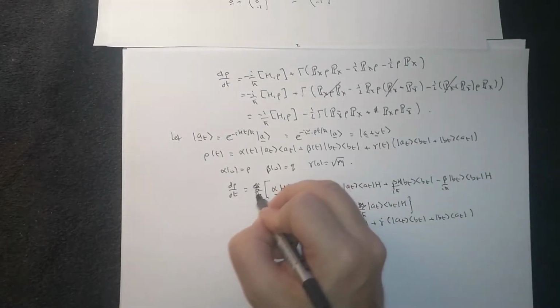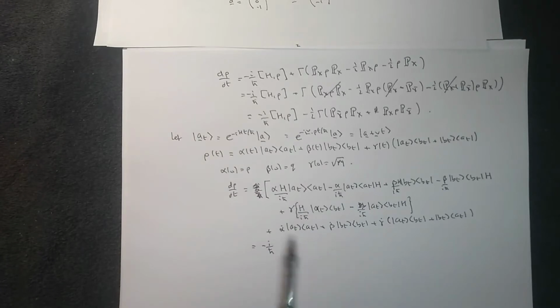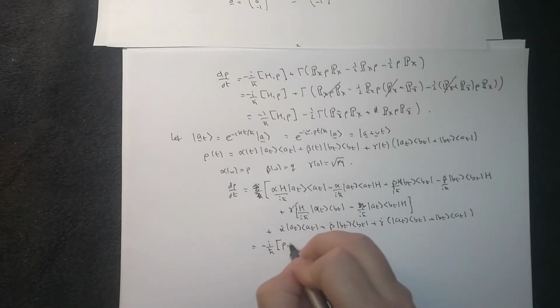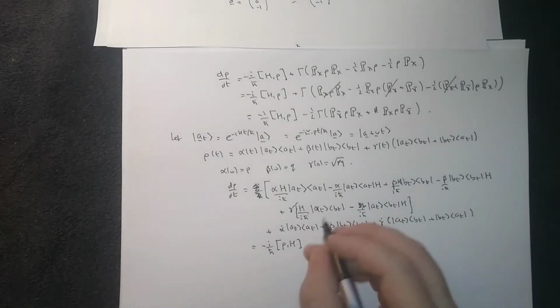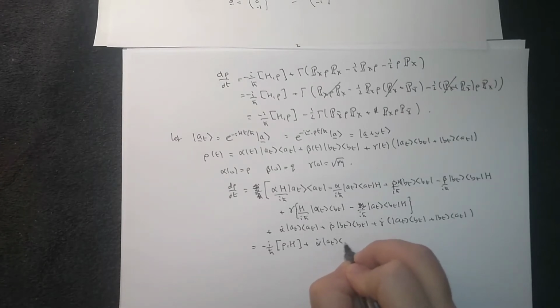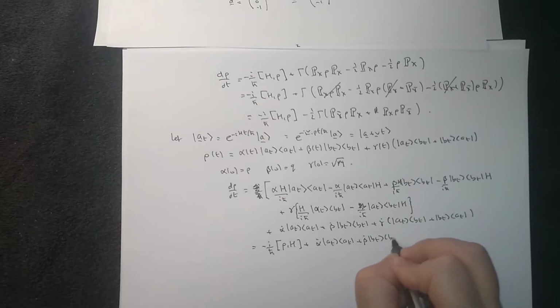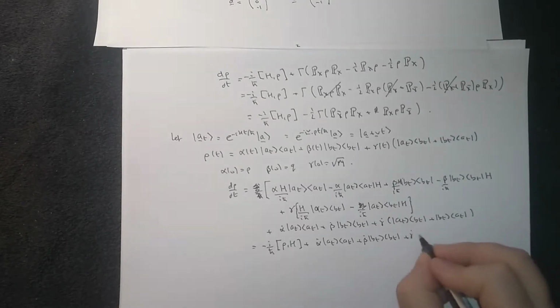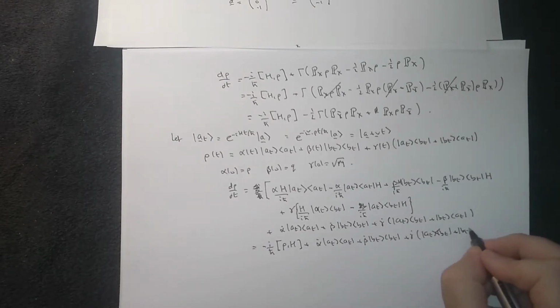Sorry, that wasn't there. I was just differentiating this, but that gives me the commutator of H with rho in those terms here, plus alpha dot A_t plus beta dot B_t plus gamma dot A_t B_t plus B_t A_t.